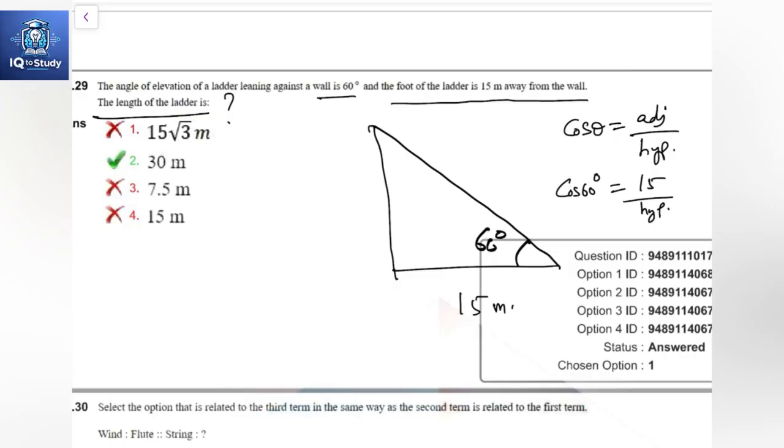Cos 60 degrees value is 1 by 2, that is equal to 15 by hypotenuse, which implies hypotenuse is equal to 30. So the length of the ladder is 30 meters, which is option 2.